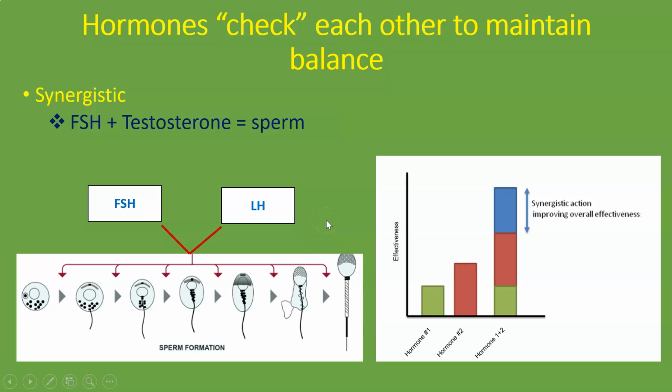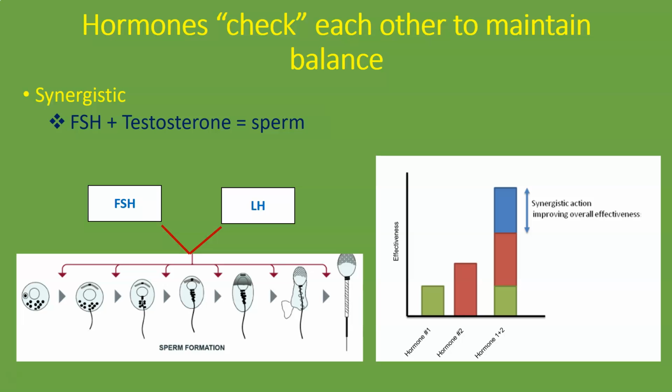And now I wanted to talk about the three relationships that exist between hormones. The first kind is called synergistic. And what this means is that two hormones act together to improve the overall effectiveness of these hormones. And that's what you can see in the graph that I have in the bottom right-hand corner here.